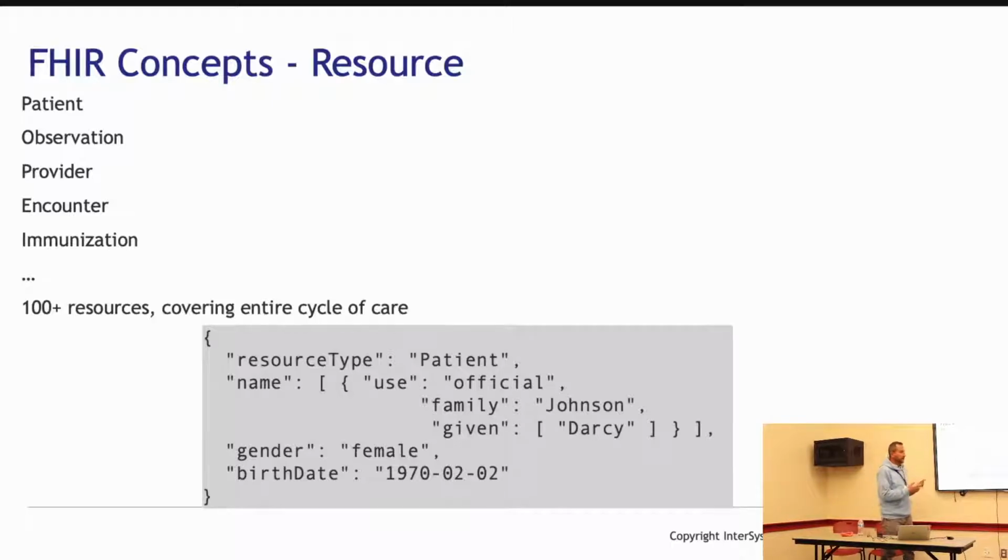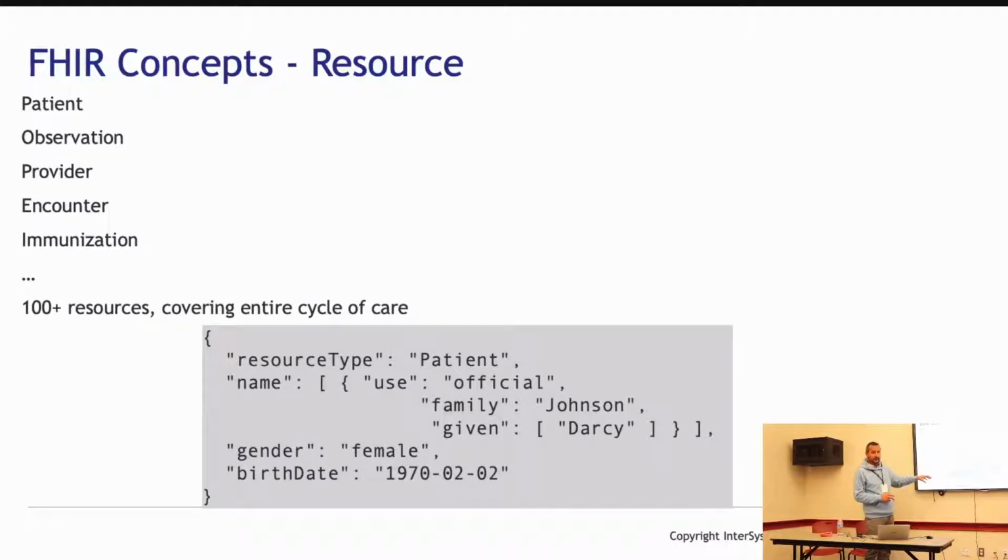Then you have things like provider, payer, things like claim, so financial resources, and so on. In total, more than 100 different resources and a whole bunch of things related to patient care would fit in a format like this.